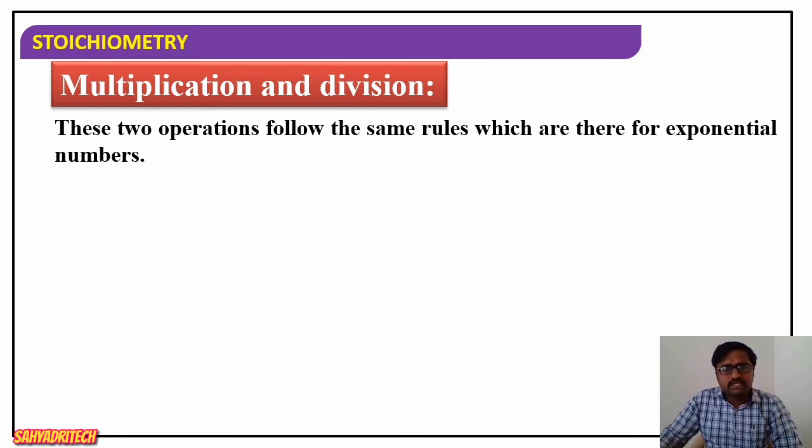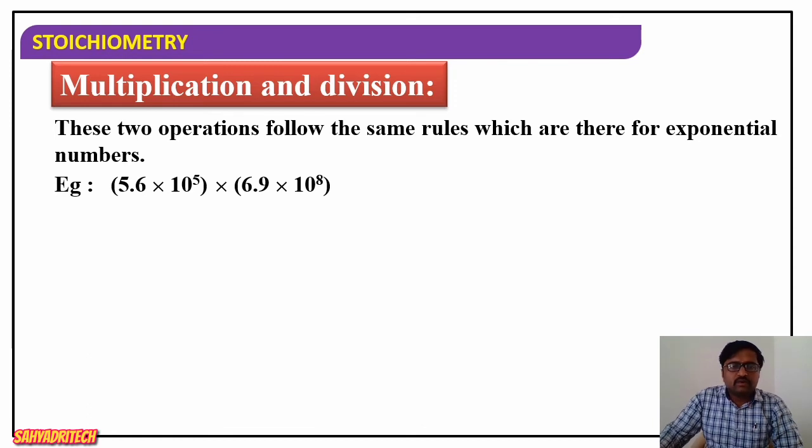Well, then while going for multiplication and division using scientific notation, what is to be done here? We have to multiply the coefficients. For example, 5.6 into 10 raised to 5 times 6.9 into 10 raised to 8. What are the coefficients here? 5.6 and 6.9, and 10 raised to the first exponent, 5, plus the second exponent, 8.